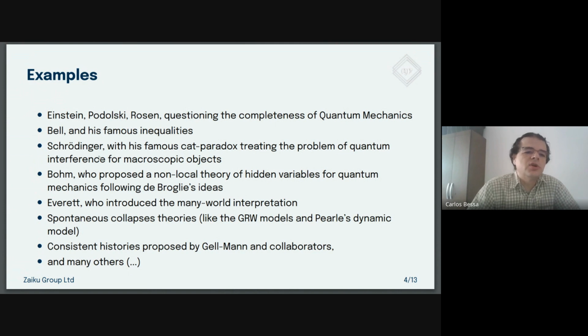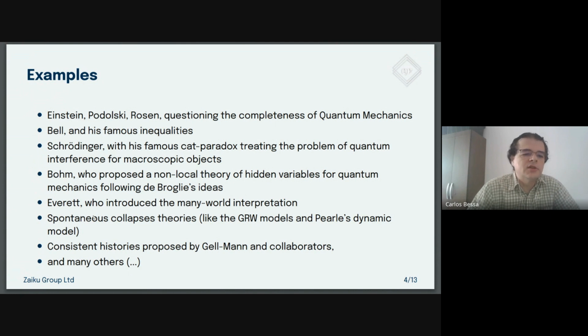Maybe discuss a little bit about Schrödinger and his famous cat paradox that treats the problem of interference for macroscopic objects. And then some different interpretations, like the Bohm interpretation, sometimes called Bohm-de Broglie, which proposes a non-local theory of hidden variables.